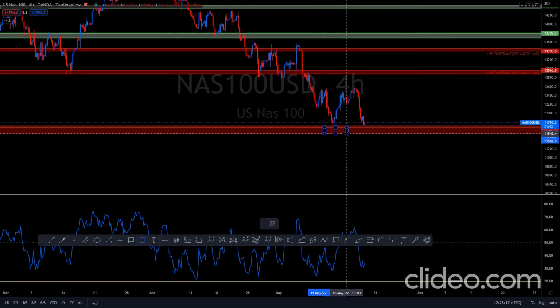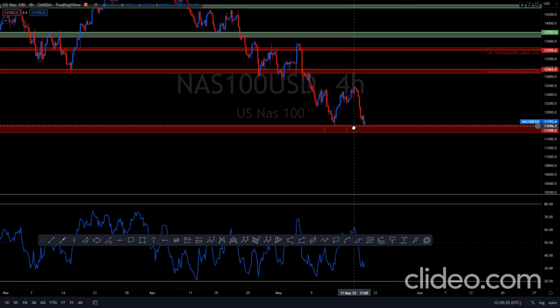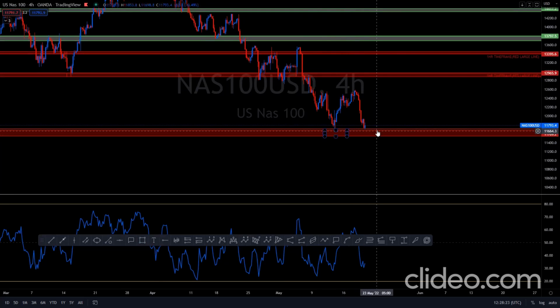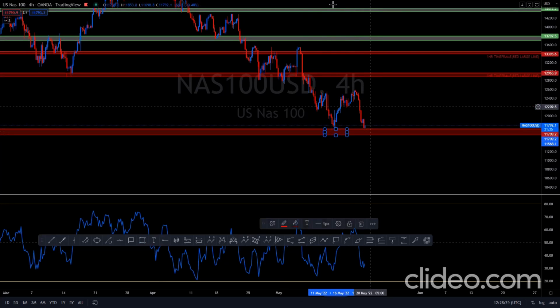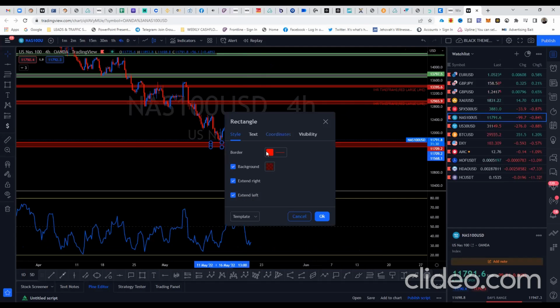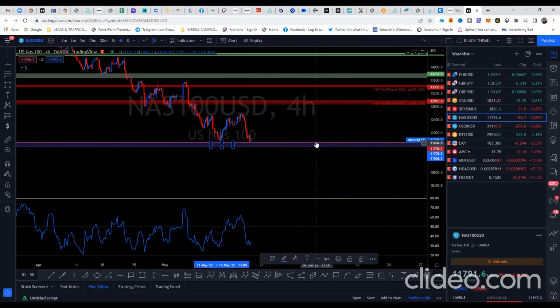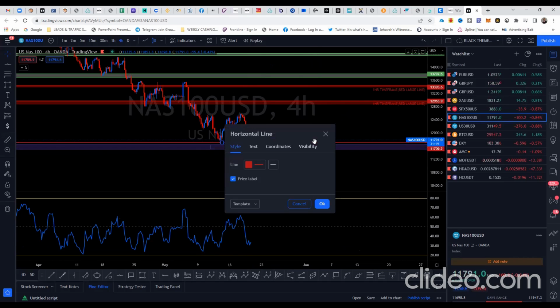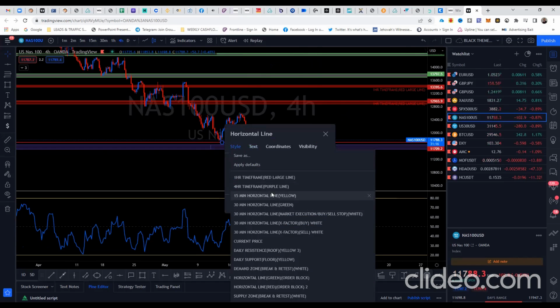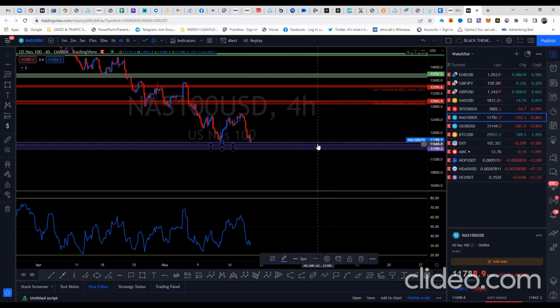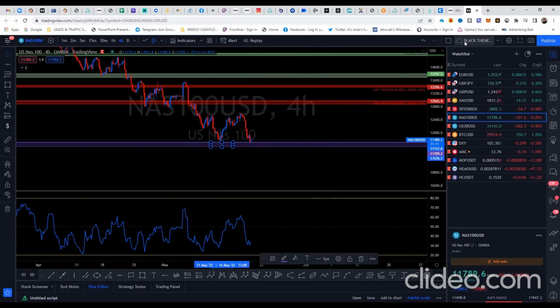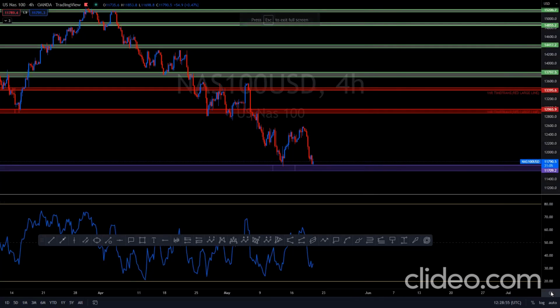And once I get back to the 15-minute time frame, I'll probably adjust the zone to see where price is at. Yeah, that's what I'm going to do.